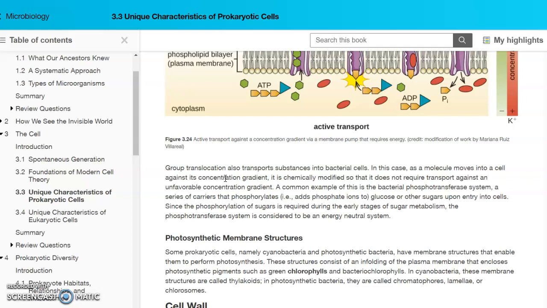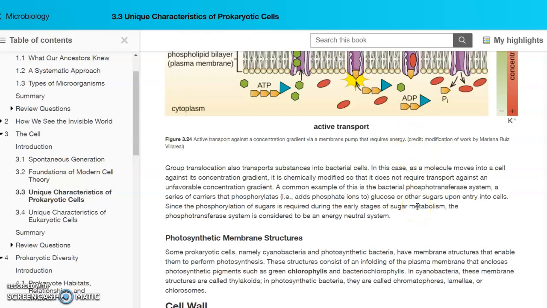This is an example of what we refer to as the phosphotransferase system. It adds phosphates onto some material that's trying to come into the cell, and it's an energy neutral system because this is a process that has to happen anyway.